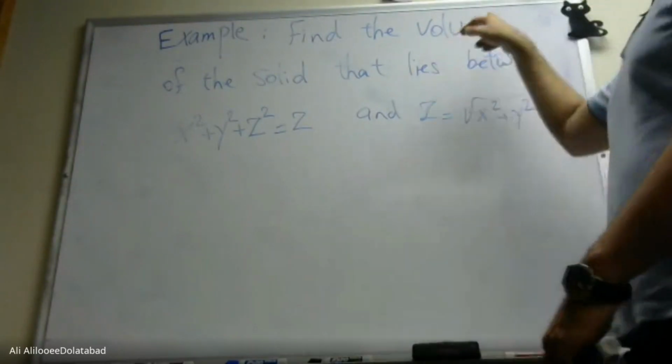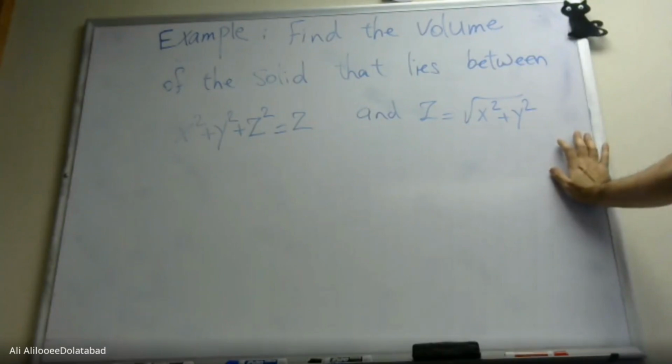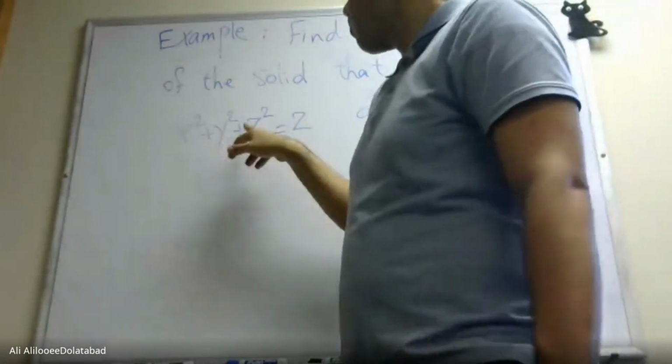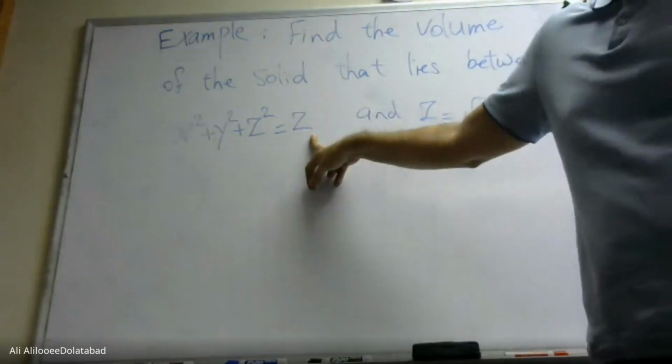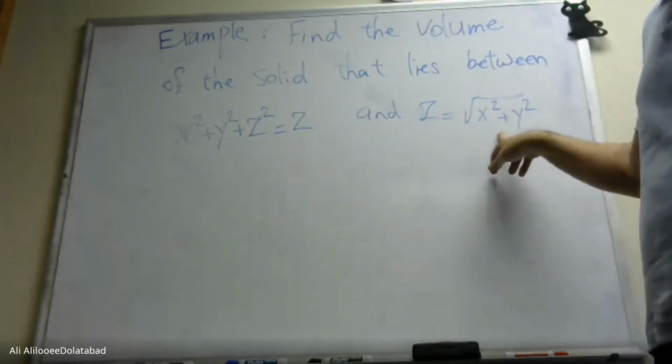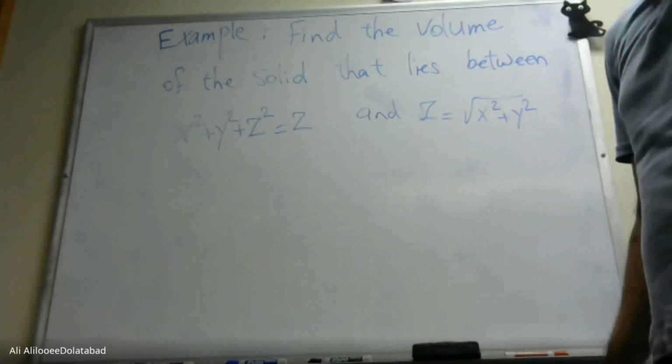Okay, so find the volume of the solid that lies between x squared plus y squared plus z squared equals z, and z equals root x squared plus y squared.